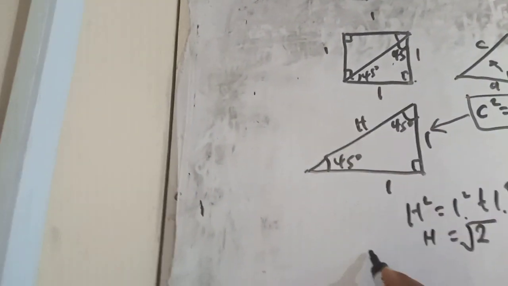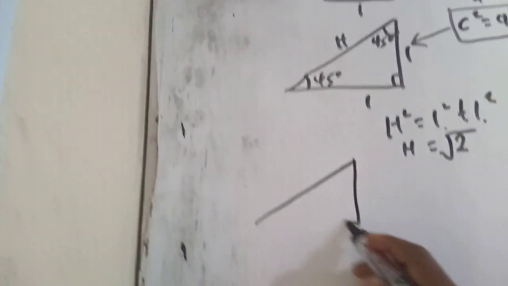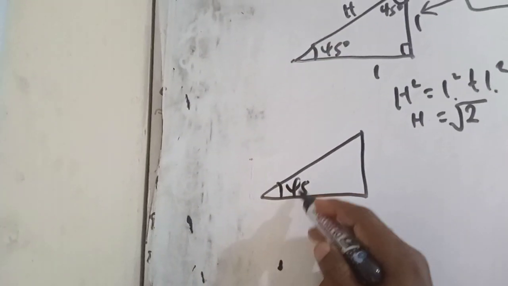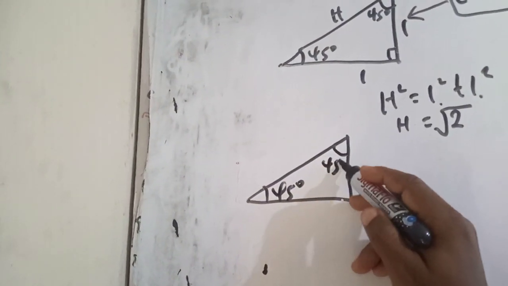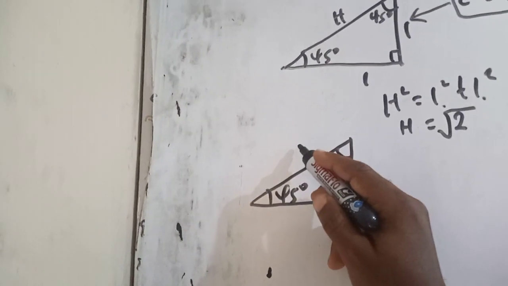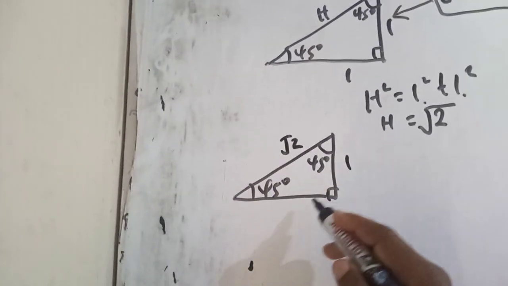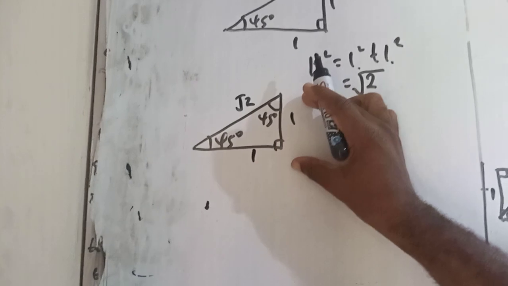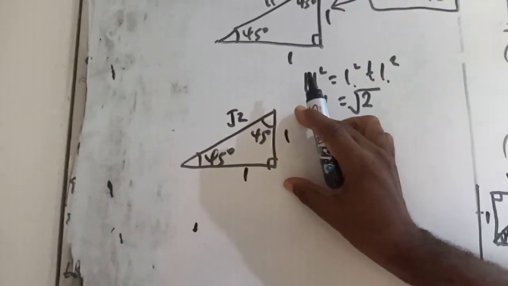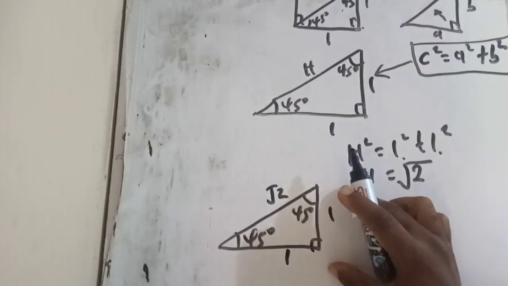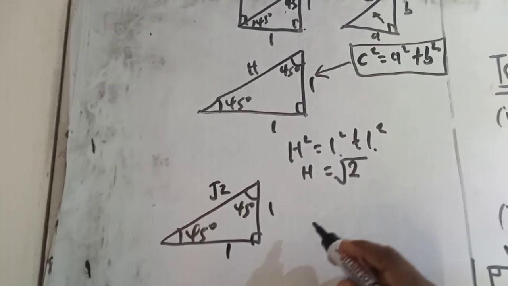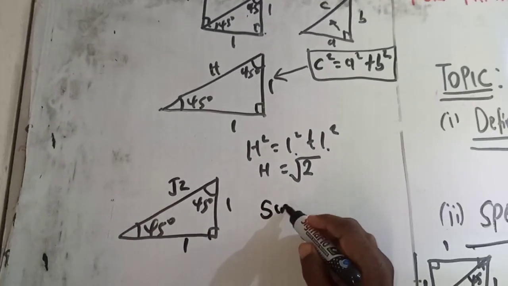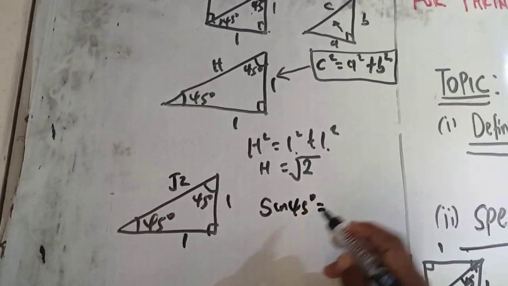So I can rewrite this right angle triangle out like this: 45 degree, 45 degree. This is root 2, and this is 1, 1. So we can use this particular triangle to generate the trigonometry ratios for angle 45 degree. Now we talk about sine 45 degree.